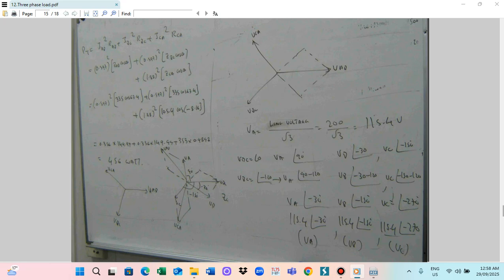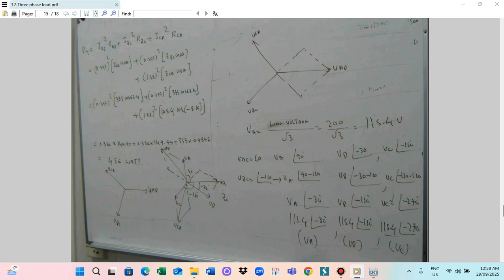This is the oriented phasor diagram. So we have to change the angles. We put VBC at minus 120, so shift everything: 90 minus 120, VB at minus 30 minus 120, VC at minus 150 minus 120. Then you also get the angles: minus 30 for VA with magnitude 115.4, minus 150 for VB with magnitude 115.4, minus 270 for VC with magnitude 115.4.